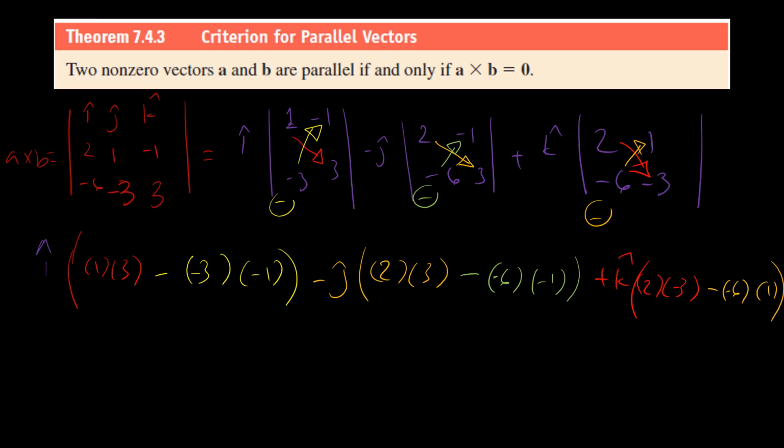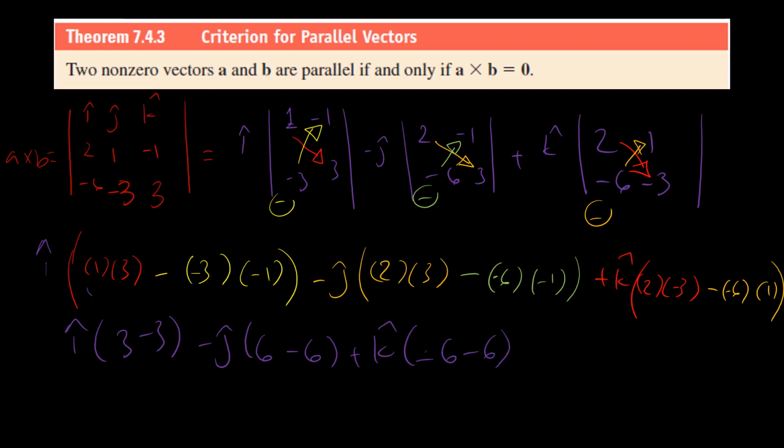It's pretty colorful. I have i times 3 minus 3, -j times 6 minus 6, plus k times -6 minus 6.